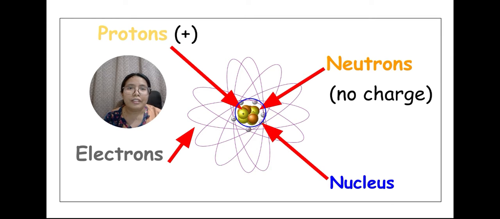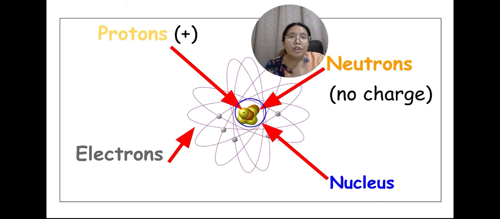Protons. At yung nasa gitna pa, nakasama ng protons, we have neutrons. At ang neutrons ay walang charge. Kung ang protons ay may positive charge, ang neutrons naman ay walang charge.